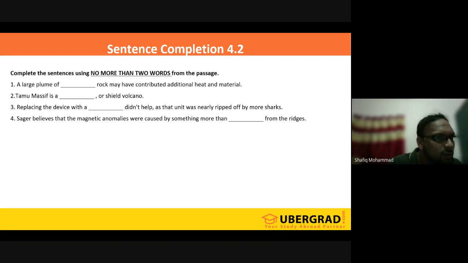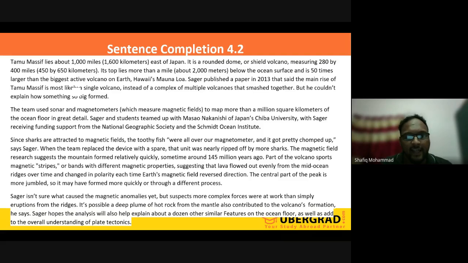Yes, sir. Why not the answer be only eruptions? Just now I told you, right? Simply eruptions. See here, it is saying something more than complex forces. If you read the last sentence, Aja isn't sure what caused the magnetic anomalies yet, but suspects more complex forces were at work than simply eruptions.